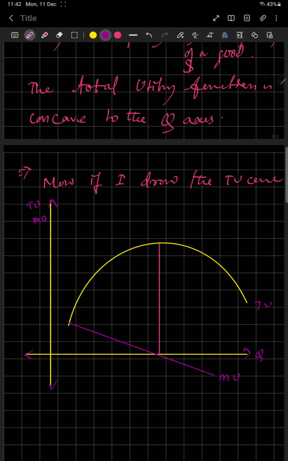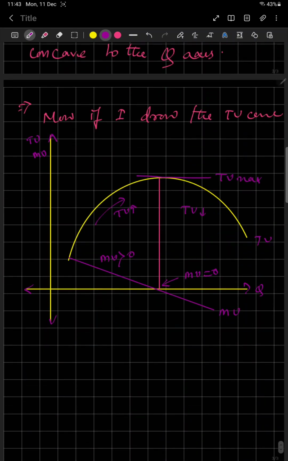When total utility is maximum, marginal utility becomes 0, and marginal utility is greater than 0 when total utility is rising. When total utility falls, the marginal utility is less than 0.